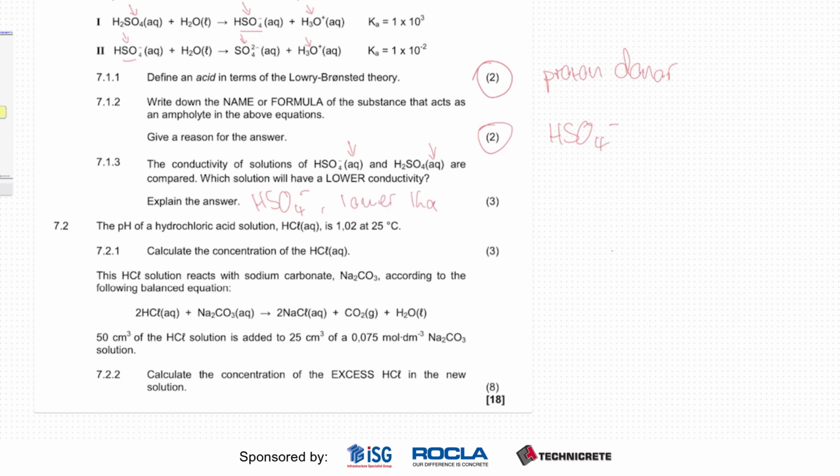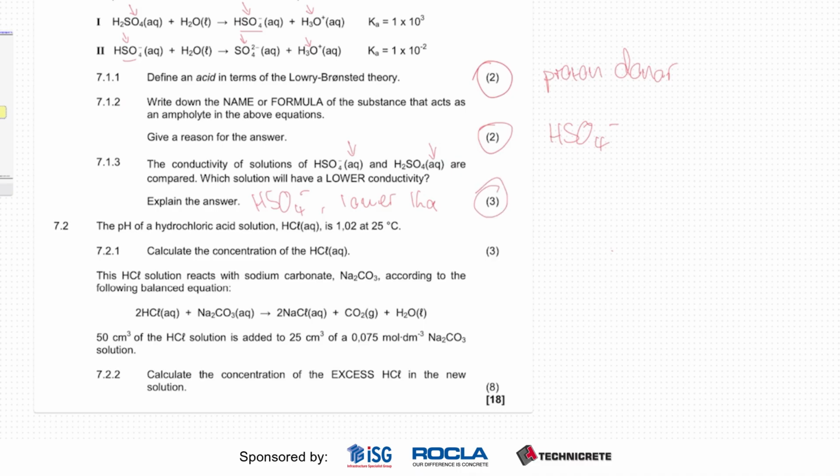And that's good for the 3 marks, honestly. You just choose the correct one, which is HSO4 minus. You just say it has a lower Ka, and that means there's less ions in solution, so the conductivity is lower, and you get your 3 marks.